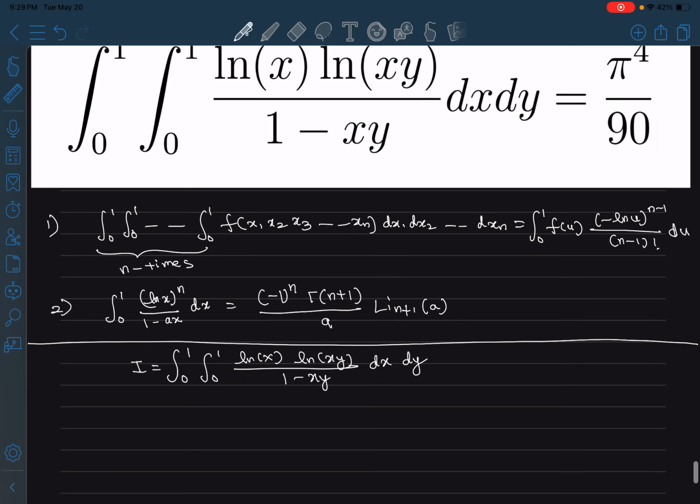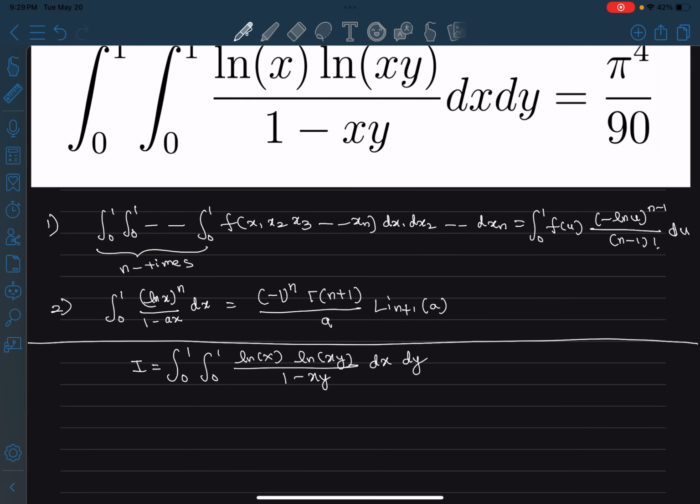So I is also equal to the integral from 0 to 1, integral from 0 to 1 of log yx divided by 1 minus yx, again dx dy.